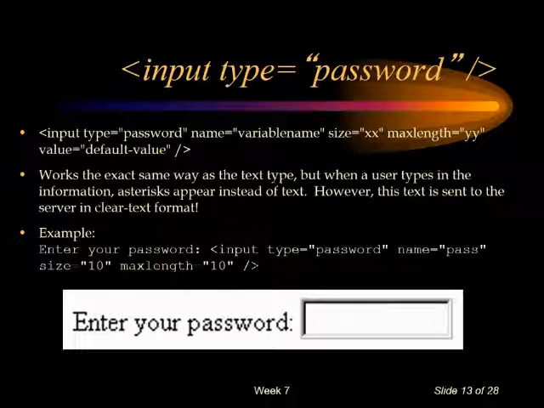The fact that the numbers or letters are not showing up and instead asterisks are showing up does not indicate that the web site is safe to enter your data.